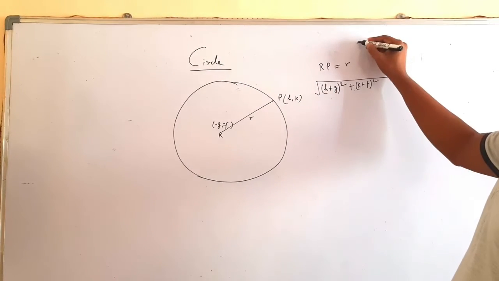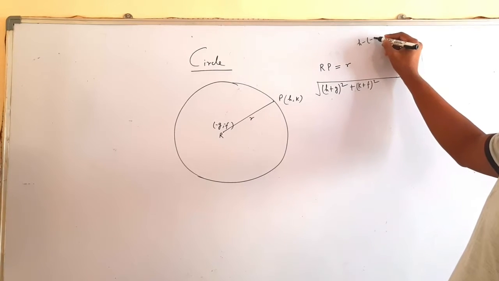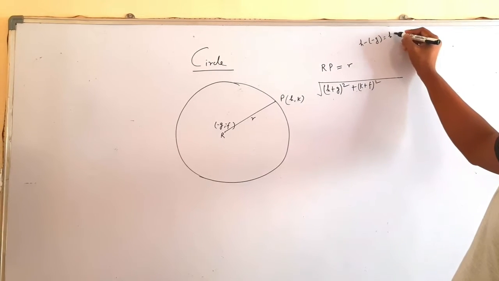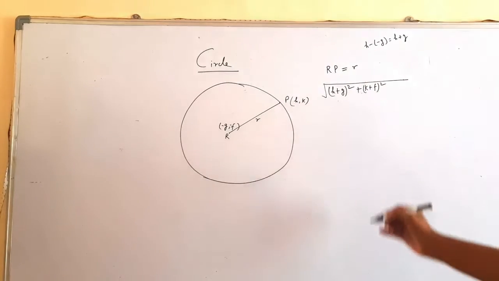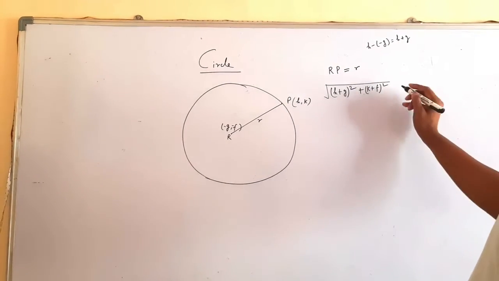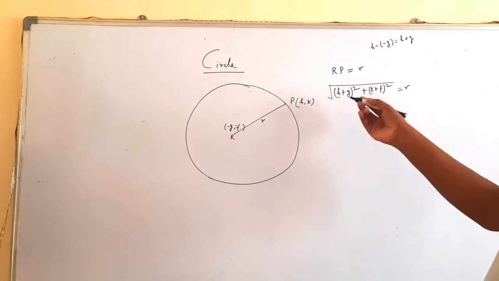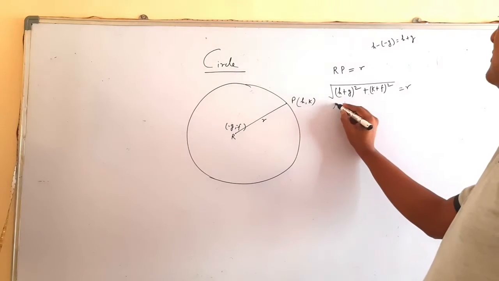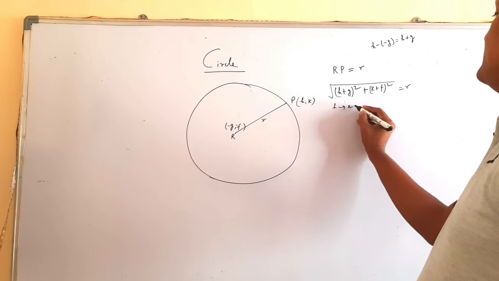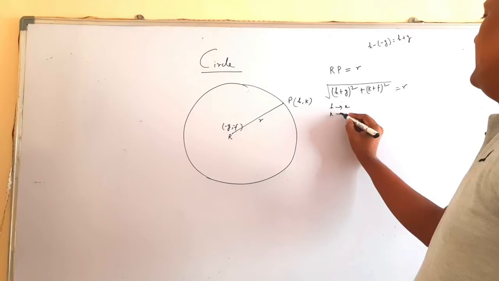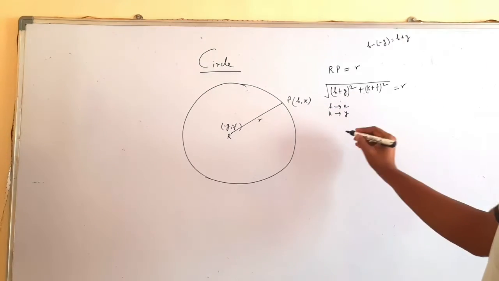Why plus? Because h minus minus g becomes h plus g, and this is your radius, that is r. So just square it and then replace h by x and k by y, you will get your equation.